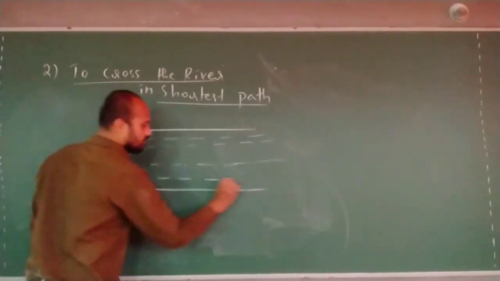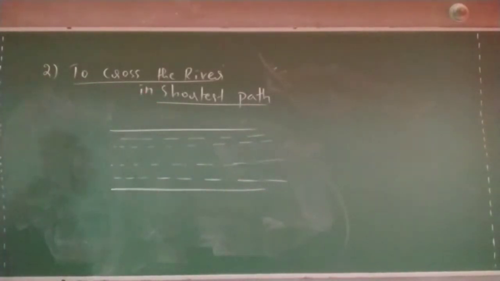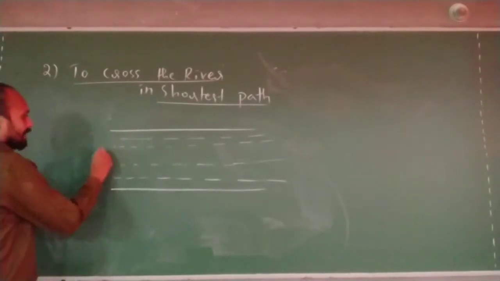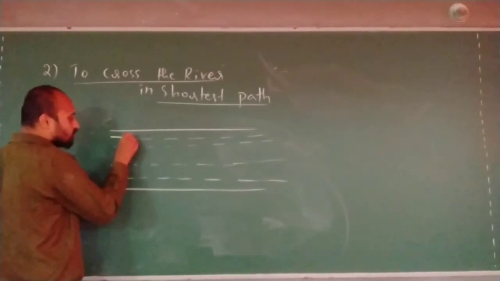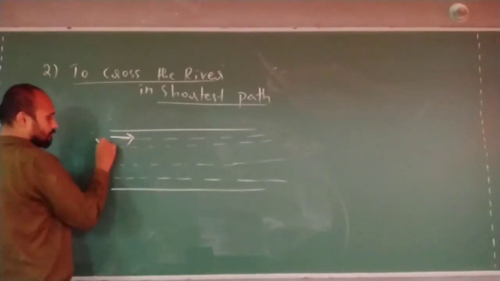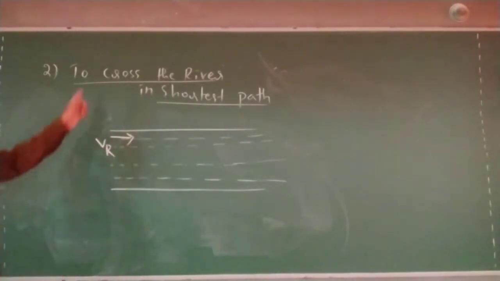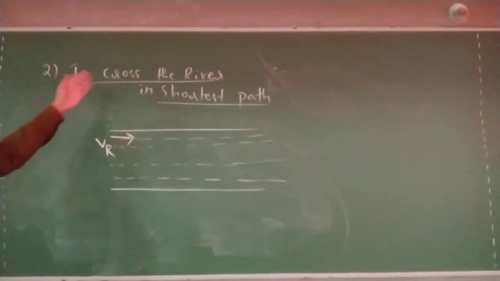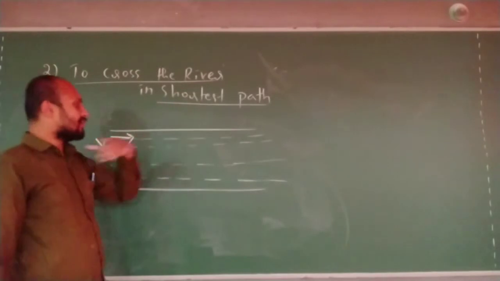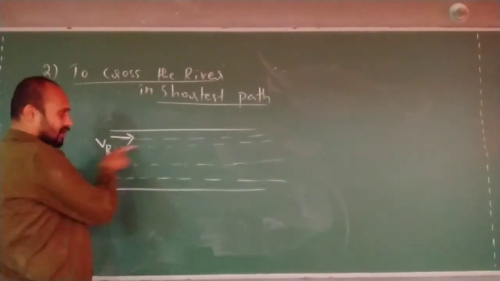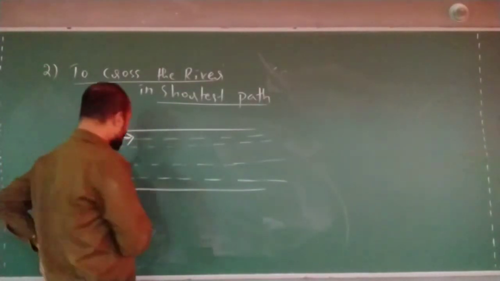Let's say water is flowing with velocity VR. What is the heading? Heading is to cross the river in the shortest path. Velocity of the river is VR.